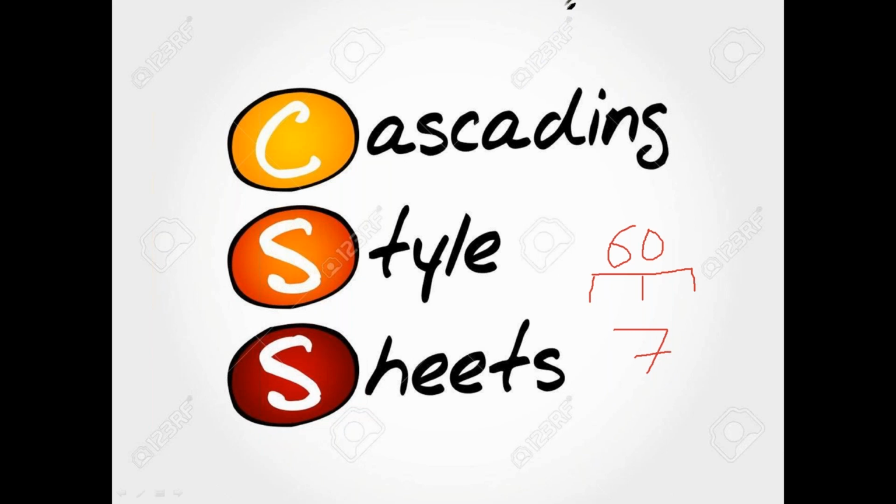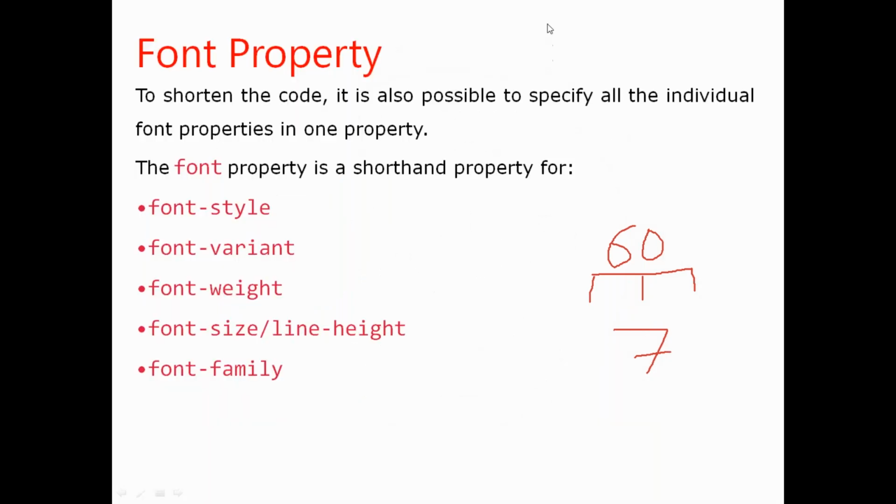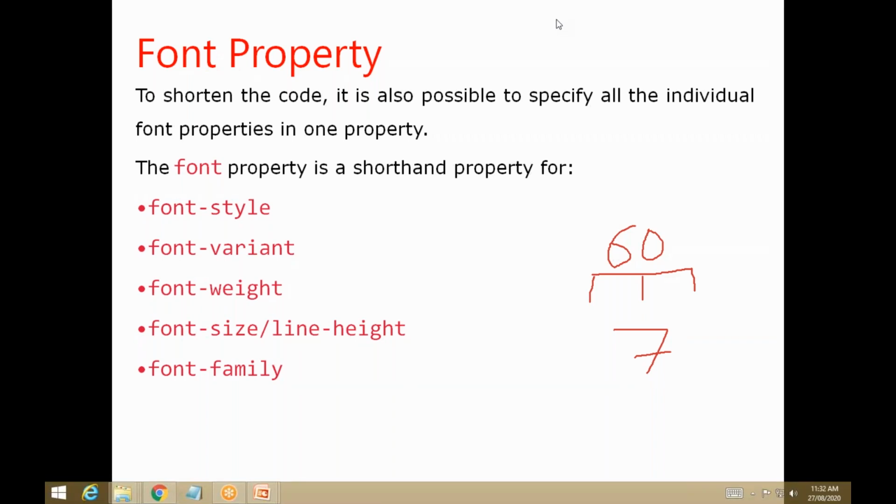What are the properties available in these 7 groups? We'll discuss a few of them now, not all.